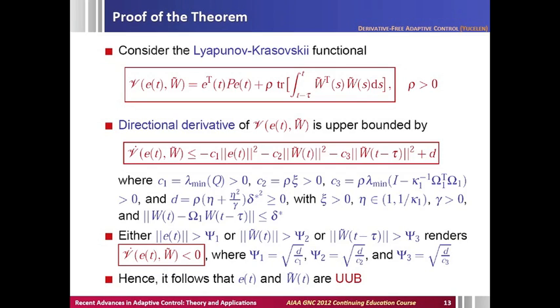Once we take the directional derivative of this energy function, then we have these upper bounds. Basically, similar to what we talked about on the uniform ultimate boundedness, if error is bigger than this, it again comes from C1D. Basically, they are depending on the Q matrix from the Lyapunov equation, P matrix. So outside some set, V dot is negative definite. So that's why it follows that the estimation error and the weight estimation error are uniformly ultimately bounded.